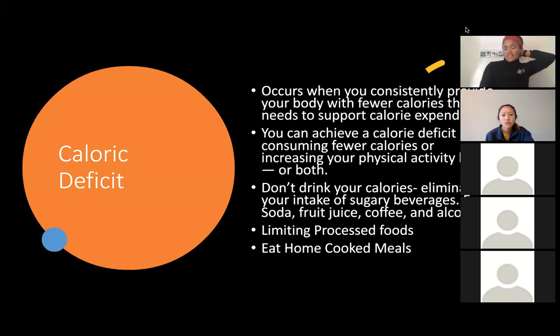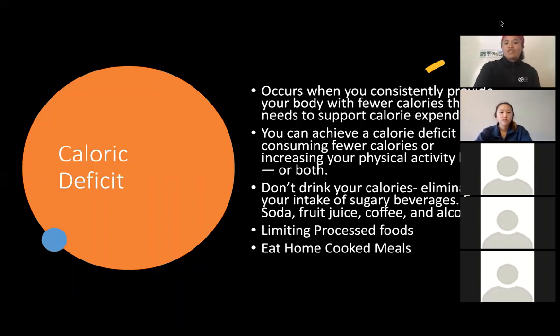Calorie counting is the big thing we're talking about today. One fancy word that we are going to talk about is caloric deficit. So what is caloric deficit? This occurs when you consistently provide your body with fewer calories than it needs to support calorie expenditure. In order to achieve a calorie deficit, you want to consume fewer calories, but you also want to increase your physical activity. Right now we're doing a weight loss program, so that's why this is important for us to talk about.